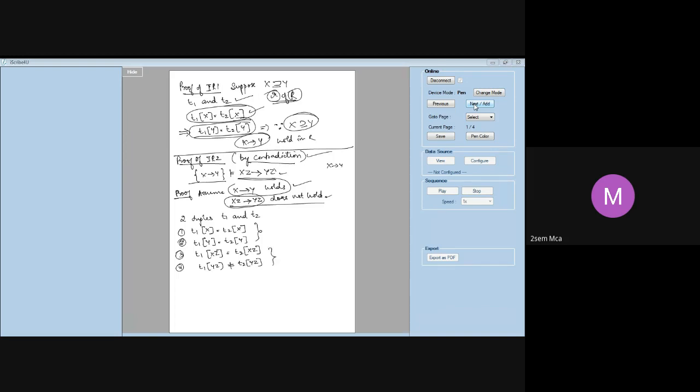I can write T1 of XZ is equal to T2 of XZ, but T1 of YZ is not equal to T2 of YZ. But this is not possible. I'm putting it down here so that you can make it out. This is not possible. Right? Look at 1 and 3.